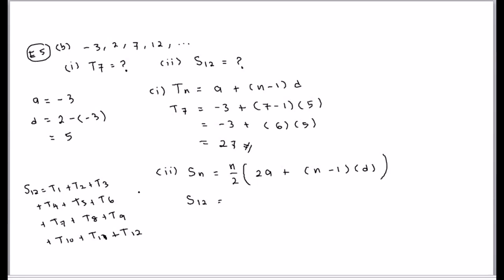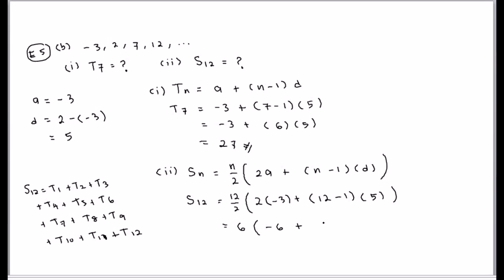Instead of doing it one by one, we can apply this formula. So when we want to find S12, substitute n equal 12. 12 over 2, 2a, our a is negative 3, plus n, our n is 12 minus 1, and then d is 5. 12 divided by 2 is 6. 2 multiplied by negative 3 is negative 6.